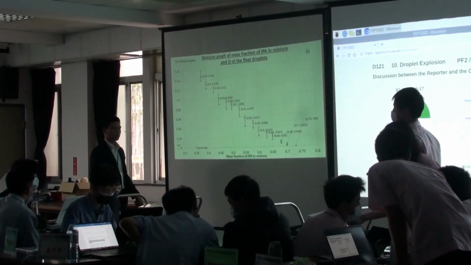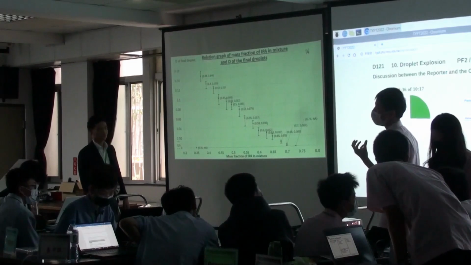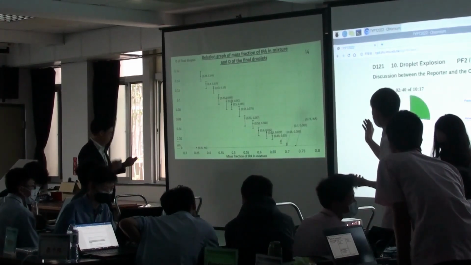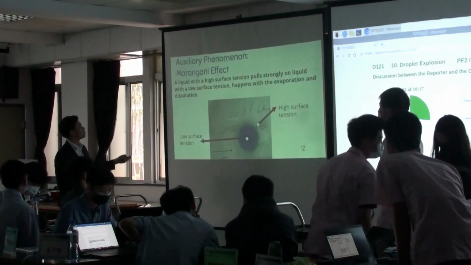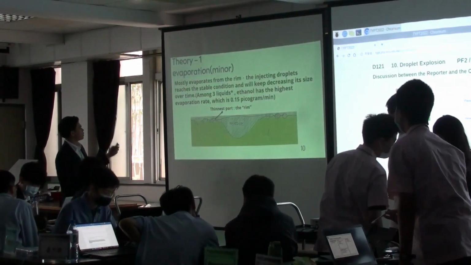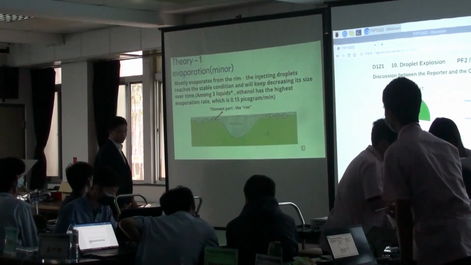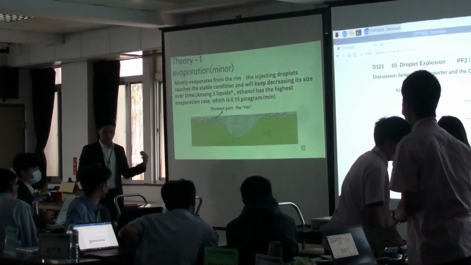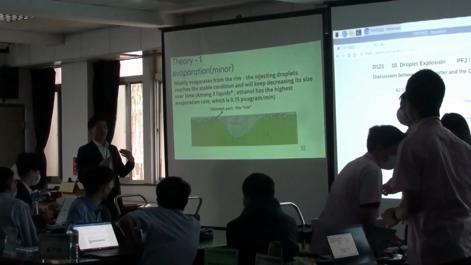But however, you mentioned evaporation, right? Yes. I understand that if you have a higher fraction of IPA, it will have a higher evaporation rate. But we also say that evaporation is a minor factor.